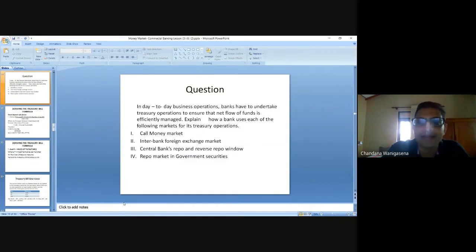Explain how a bank uses each of the following markets for its treasury operations, right? So how the banks use these tools to improve their liquidity. Treasury operations in the sense of liquidity, right?